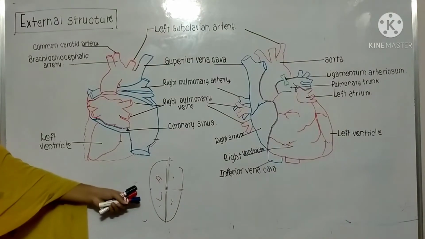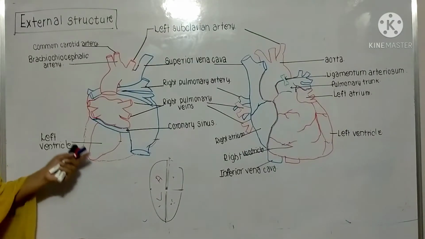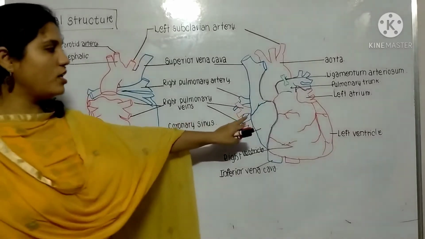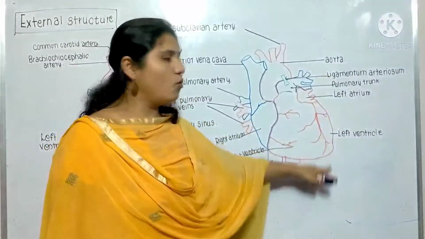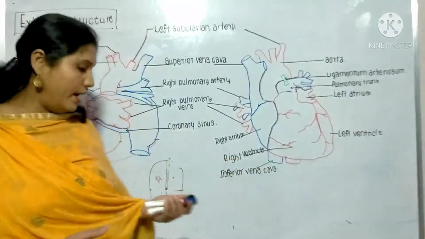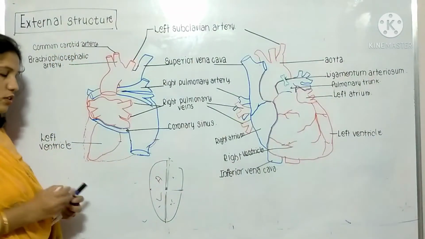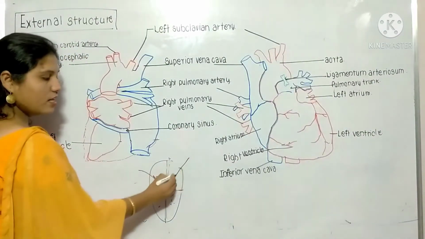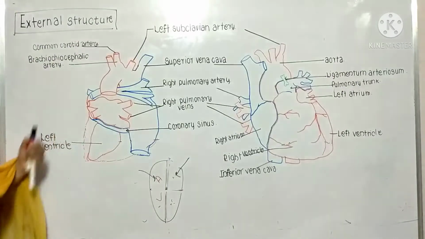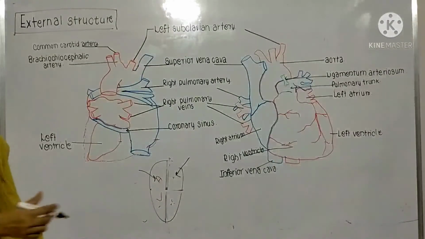Now, as I have already explained, there are four chambers in total. Both the atria are the receiving chambers, meaning they take blood in.